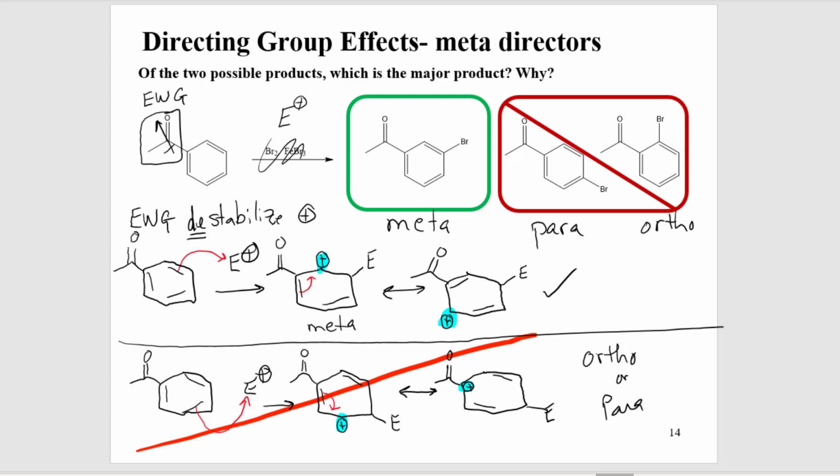So here's my little trick. If you determine that the withdrawing group is off of the benzene ring and it's directing the incoming group, turn that W upside down and remind yourself that it goes meta.